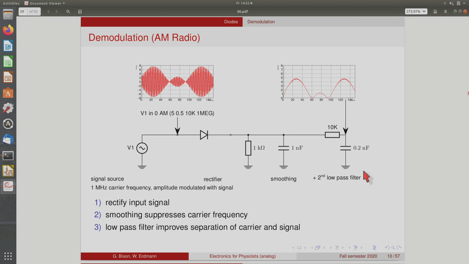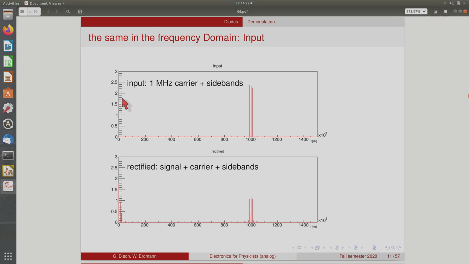So you can add a bit of a filter here. And then, so we added a second low-pass filter here. And what you get in the end is something that is a voltage that has a single polarity and nicely reflects the amplitude of this signal. Okay, this is the principle of demodulation of an amplitude modulated signal. So it's interesting to look at what happens here in the frequency domain also.